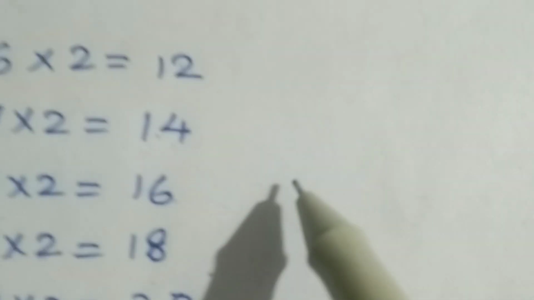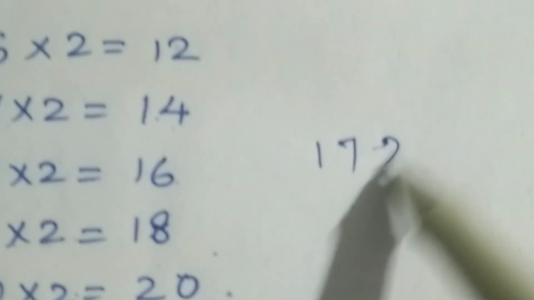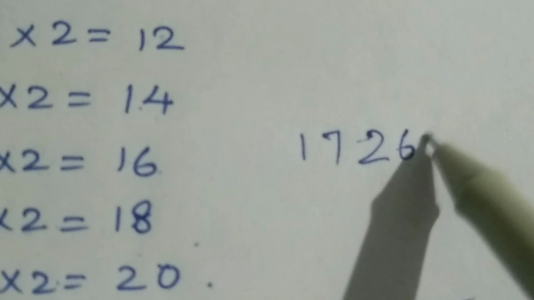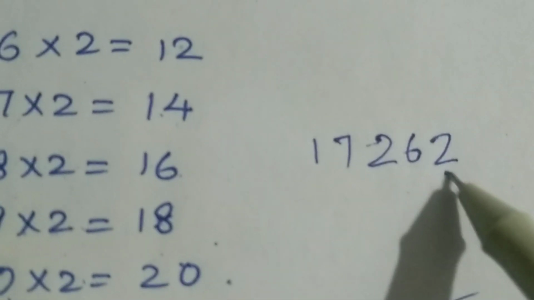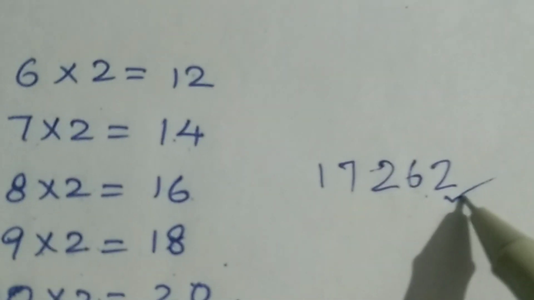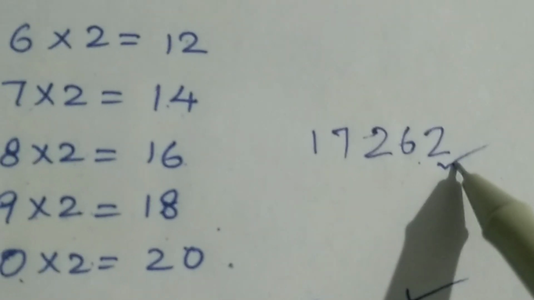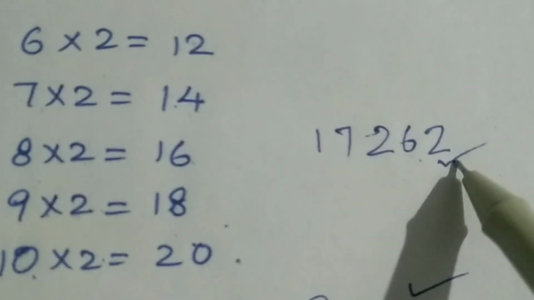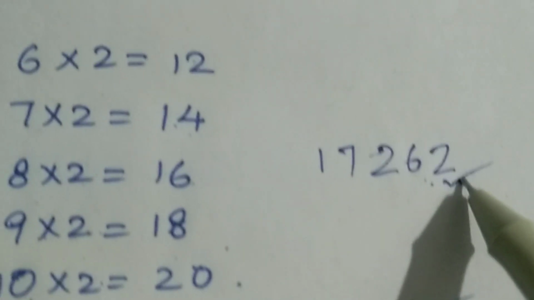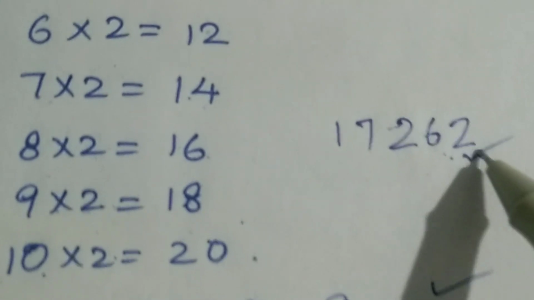So here, 17,262. This number ends with 2. So we can say this number is exactly divisible by 2 because it's an even number. How can we understand an even number?